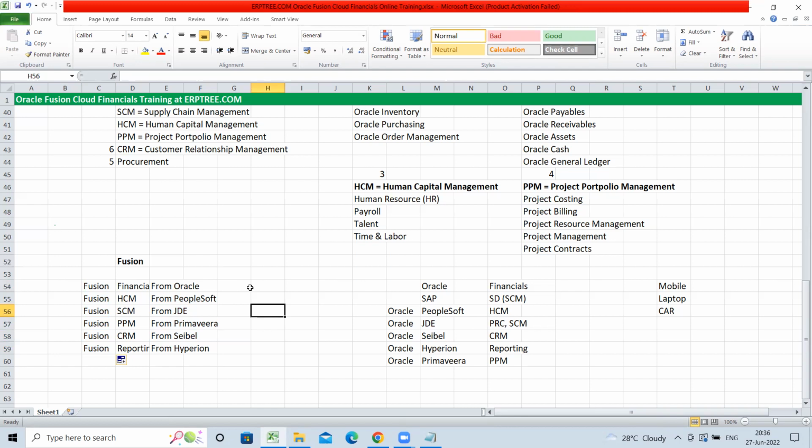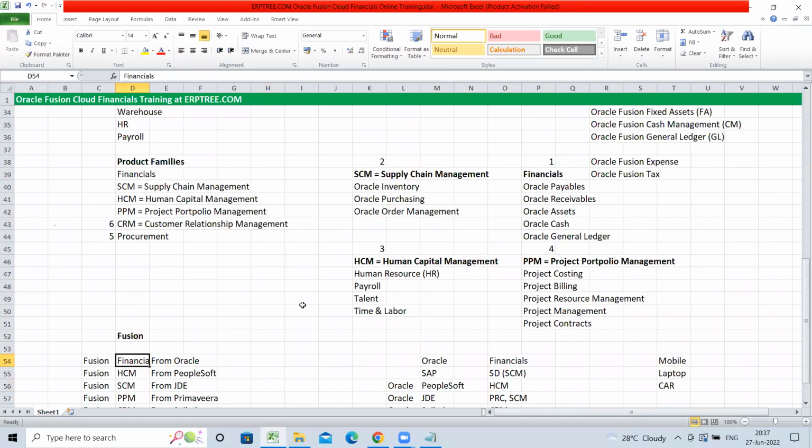If the company purchases Oracle software, will all these come by default, sir, or do they have to take them again? When they are buying, it's like buying in the sense, ideally you can call it taking a license. So they have to choose. They need Financials. In Financials, which applications they require, again they can choose. This is how they have to take the license.